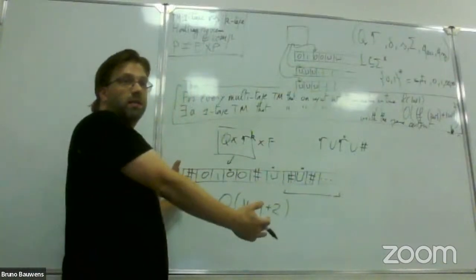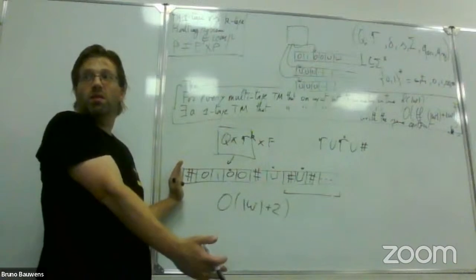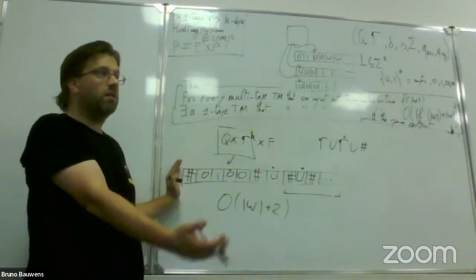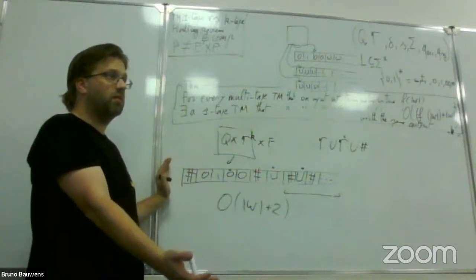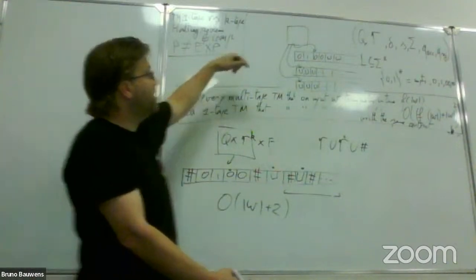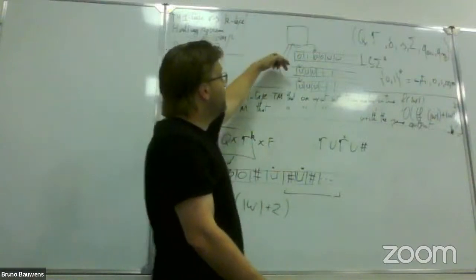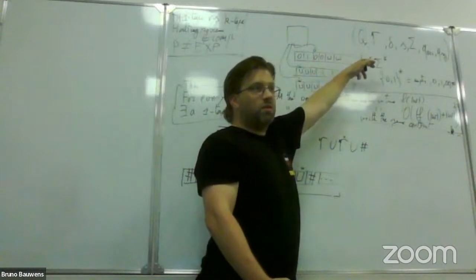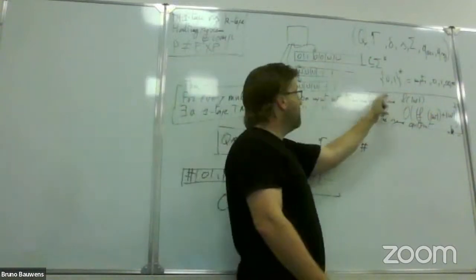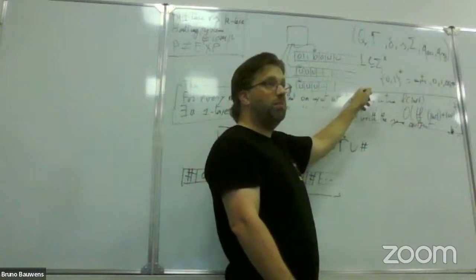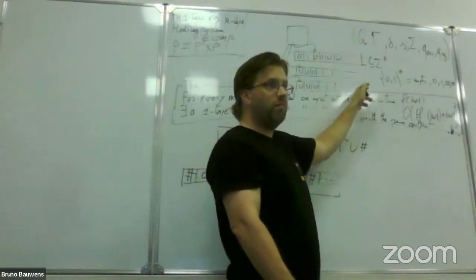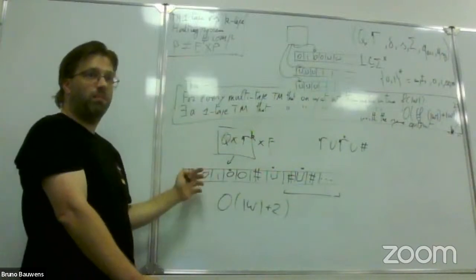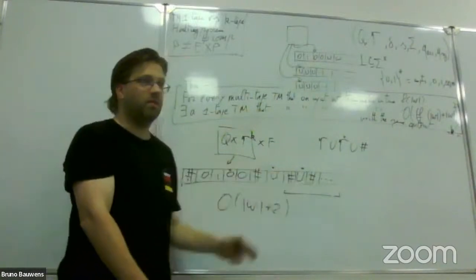And the maximal length it can have after t steps is order of t, so k times t plus some constant. Why? Because in the worst case, we go to the right on all the tapes in every step. So after t steps, all the computation heads are in position t plus 1. So then the total representation is k times t plus 1 plus the space of the hashtags.